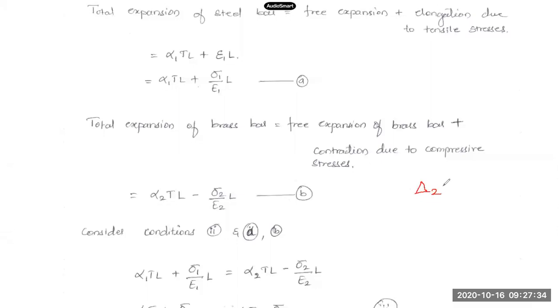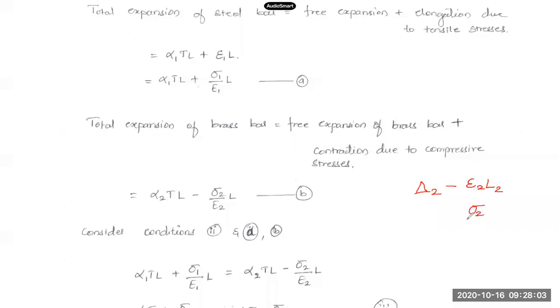So it is being compressed, and that will be epsilon 2 into L2. Whatever the strain in the brass bar is, multiplied by its length, gives the reduction in length. It is not allowed to expand up to delta 2. It is being pulled back by the steel bar, so compressive stresses are developed in the brass bar.